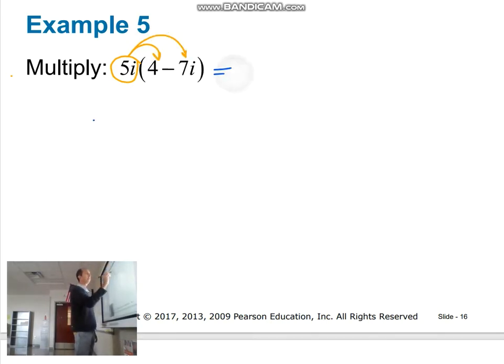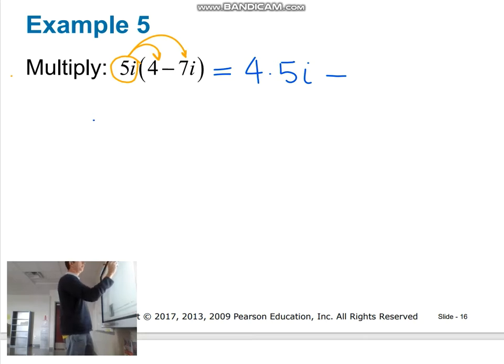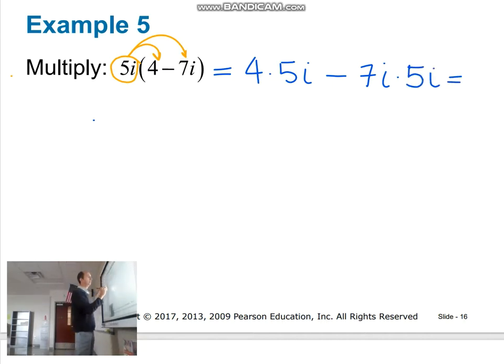And then this equals 4 times 5i, and then negative 7i times 5i. I'm going to do it step by step so you understand.